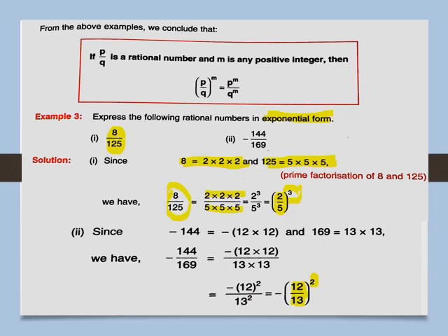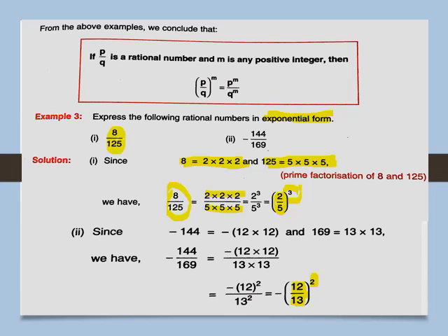See the second example now. Minus 144 upon 169. What is here? 144 is nothing but the square of 12, or you can also find the factors. So here it is minus 12 into 12 and 169 is 13 into 13.